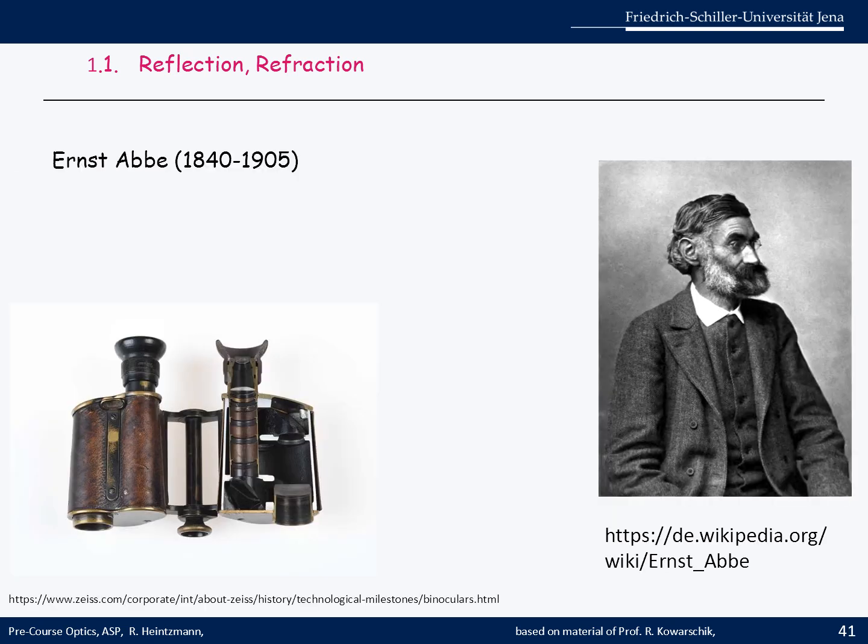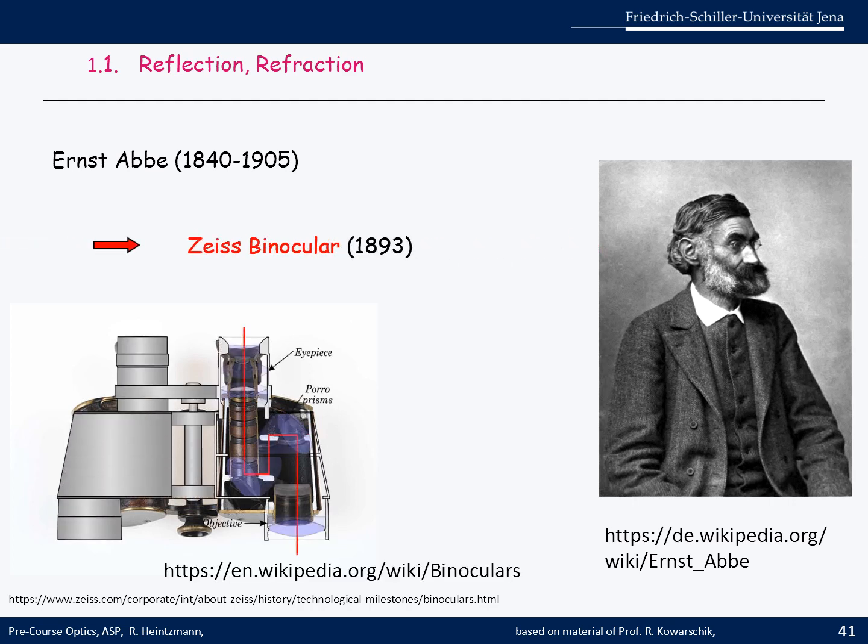So here you see how binoculars look. This is a very old example of a binocular by Ernst Abbe, who lived 1840 to 1905. And you see the Porro prisms are actually here and here. So it works like this. There's such a Porro prism which bends the right ray twice, and here twice again.